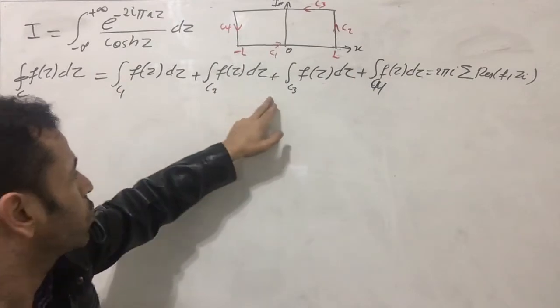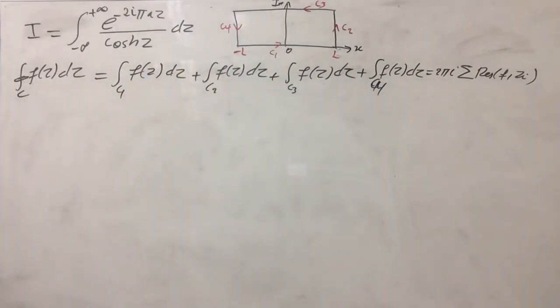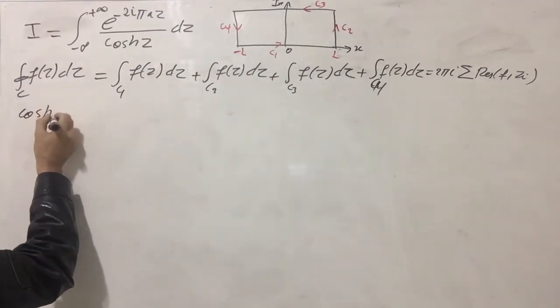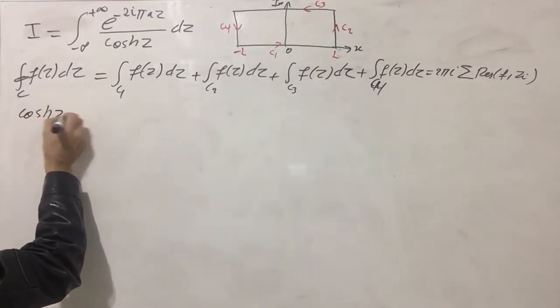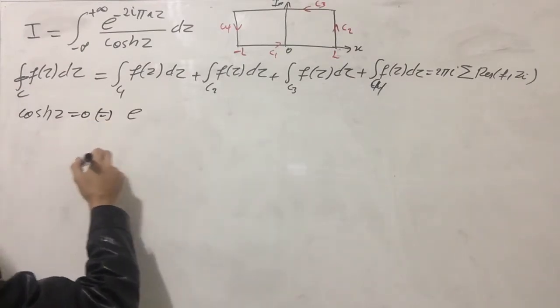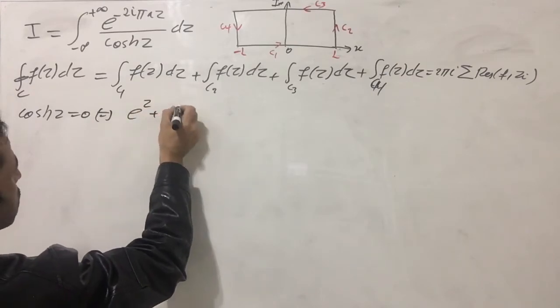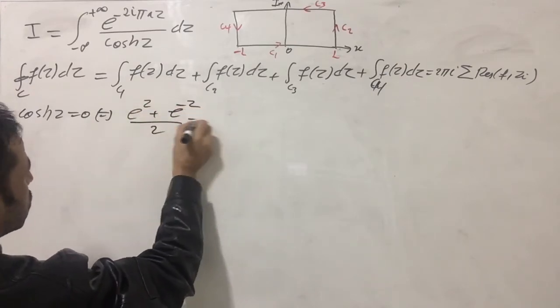Before I do that, I'm going to find the poles of this function. We have cosh z equal to 0. By the definition of the hyperbolic cosine, we have (e^z plus e^(-z)) over 2 equal to 0.